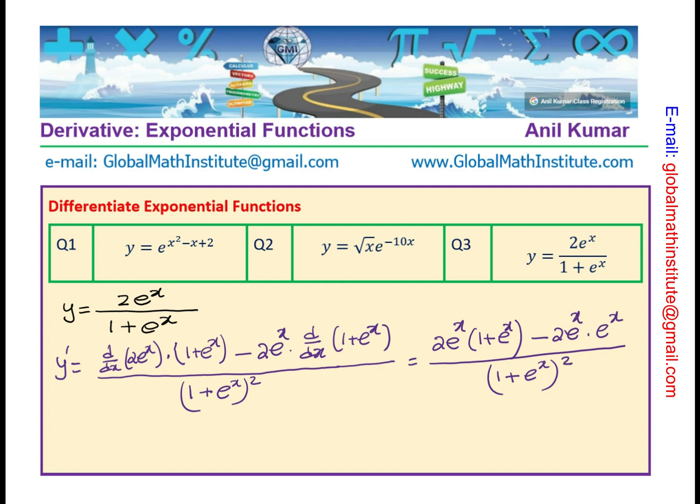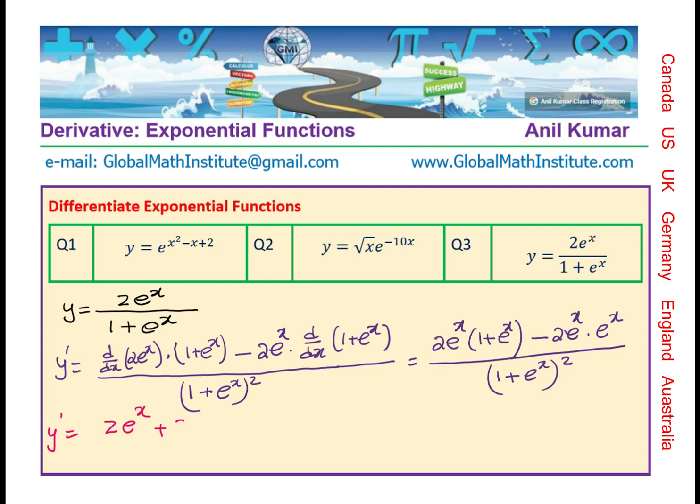You can always expand and simplify. So we get the derivative of this function as, open the bracket, 2e to the power of x plus 2 times e to the power of x times e to the power of x. You could write e to the power of 2x. Since you can see they cancel away, I'm just writing as such.